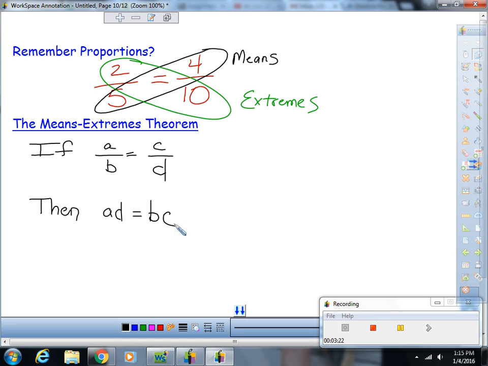AD is equal to BC. So what would you guys call the means extremes theorem? You would call it the cross multiply theorem, which is totally fine. Okay? Does everybody understand the means extremes theorem? AKA the cross multiply theorem. All right, moving on. You guys are doing good.